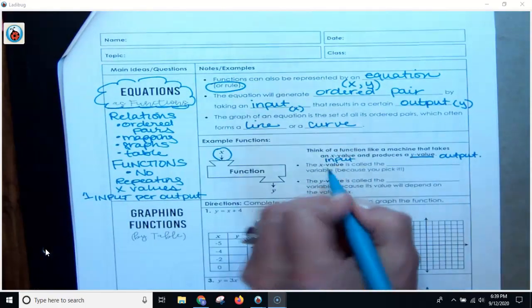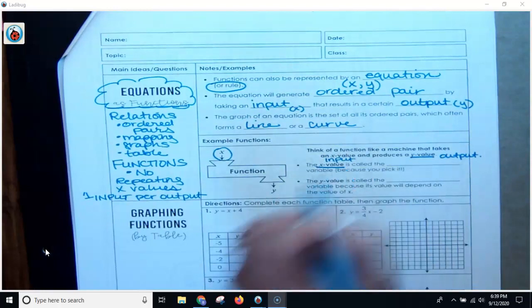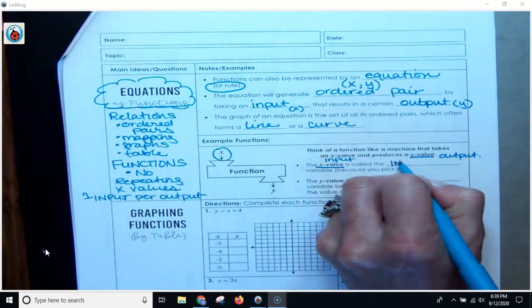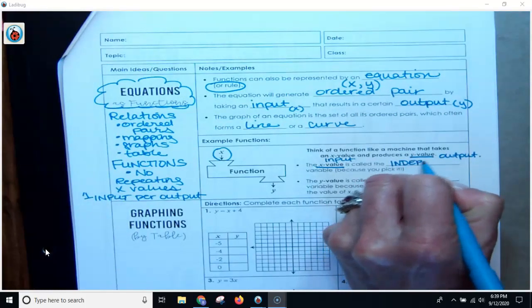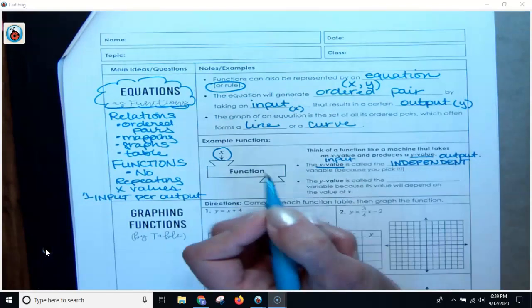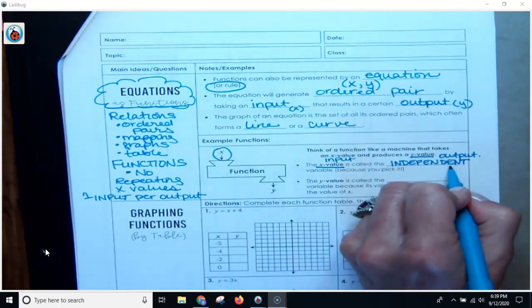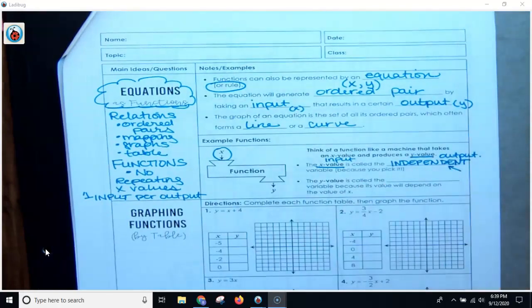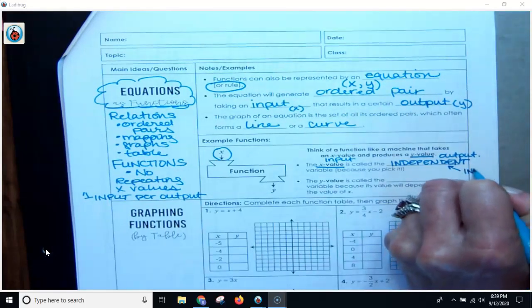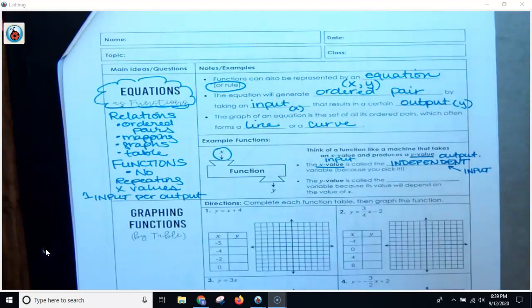Now, your x value is called the independent variable, because you choose that first. This is your input. What ingredients am I going to put in?